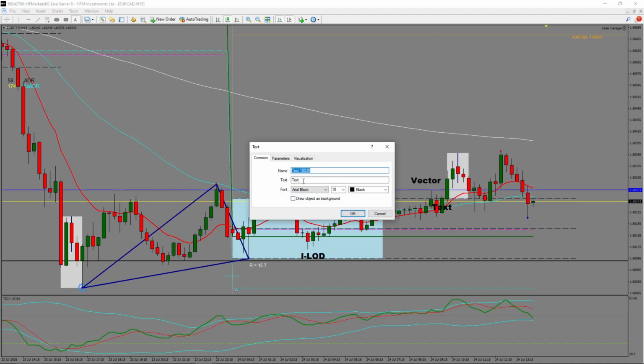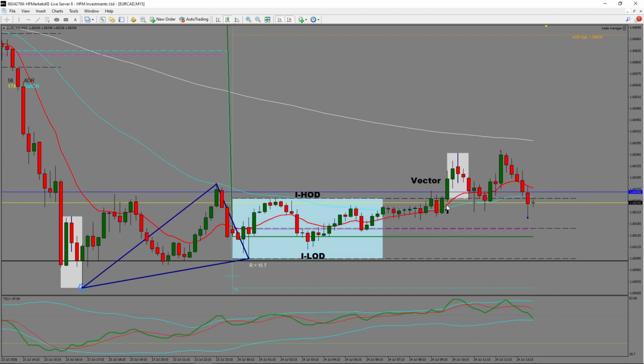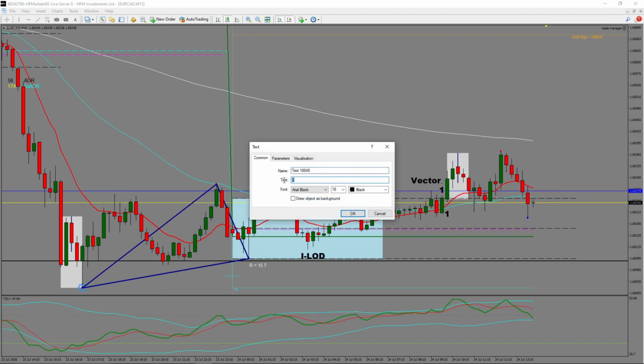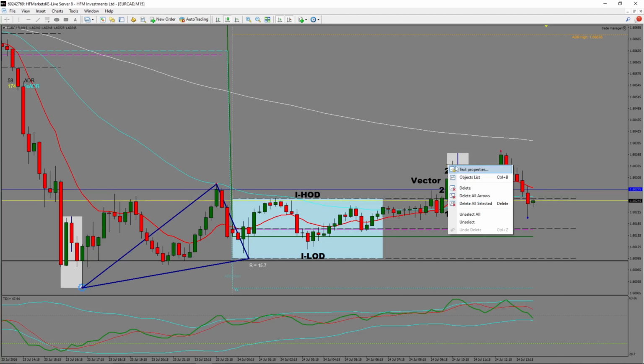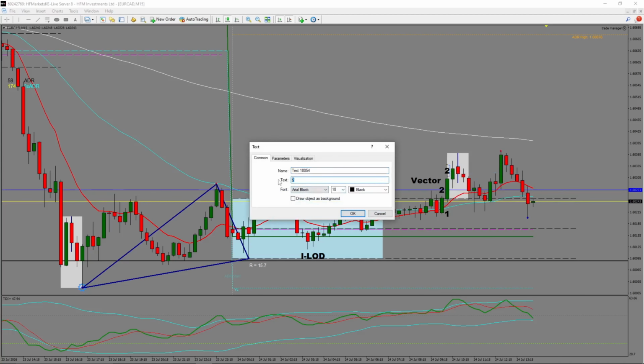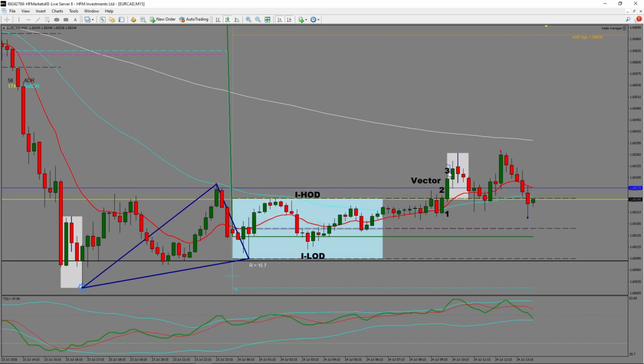My first candle, I'll name 1. My second candle, 2. And then my third green candle to the top, 3.